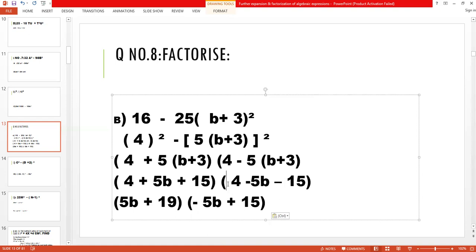This one is plus 4, and that is minus 15. Both have different signs. So you have to subtract 4 from this 15. So you will get 11. And what is the sign of the greater number? That is negative. So you have to put minus. So look here. 5b, 15 plus 4, 19. And then minus 5b, 15 minus 4, it is equal to 11 because the greater has the negative sign. So this is part B, part B of question number 8.